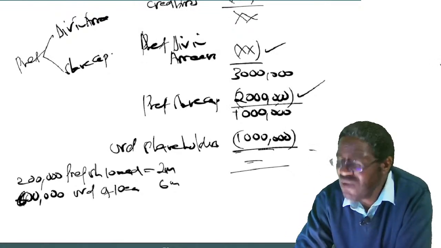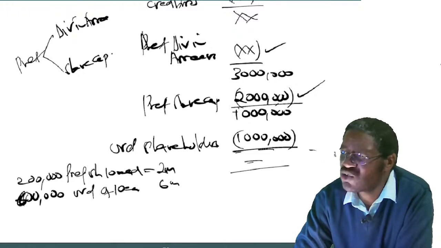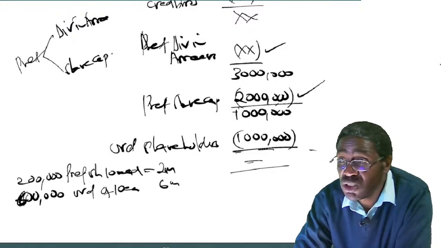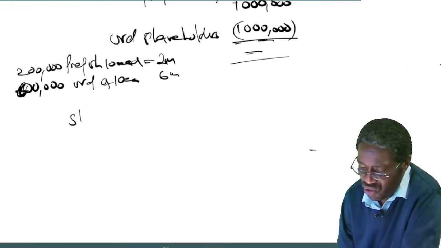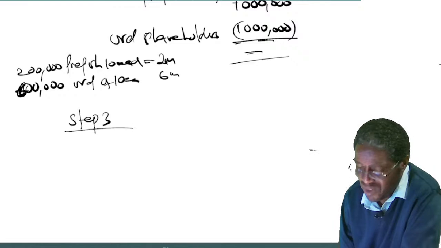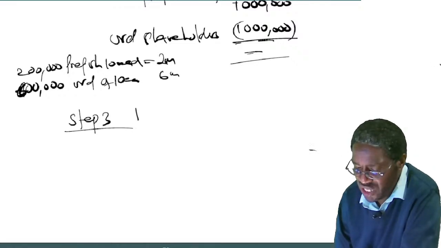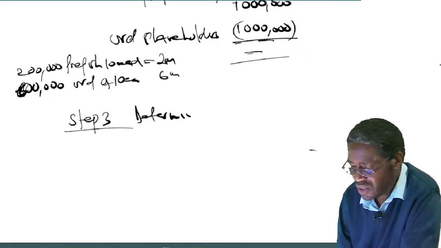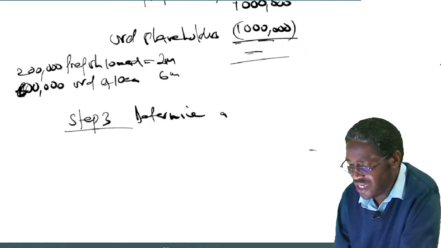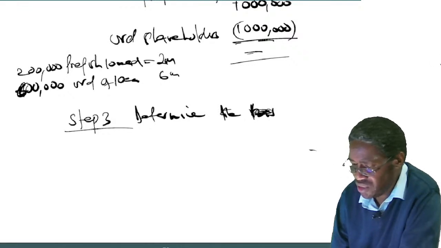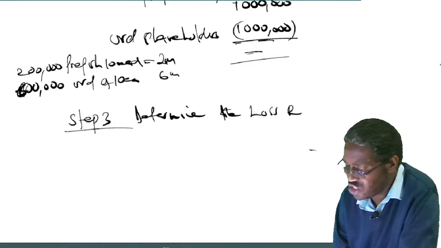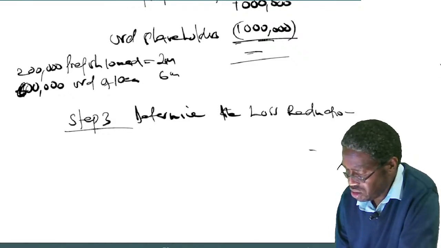Now, having concluded who is to suffer the loss from step 2, you go to step 3. Step 3 is to determine the loss reduction per share.